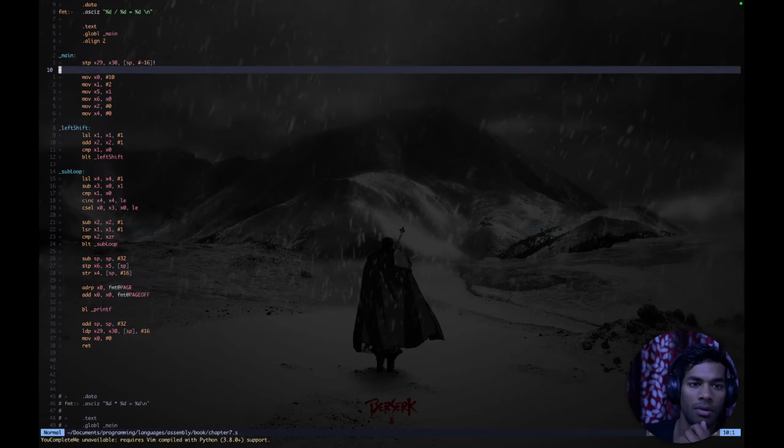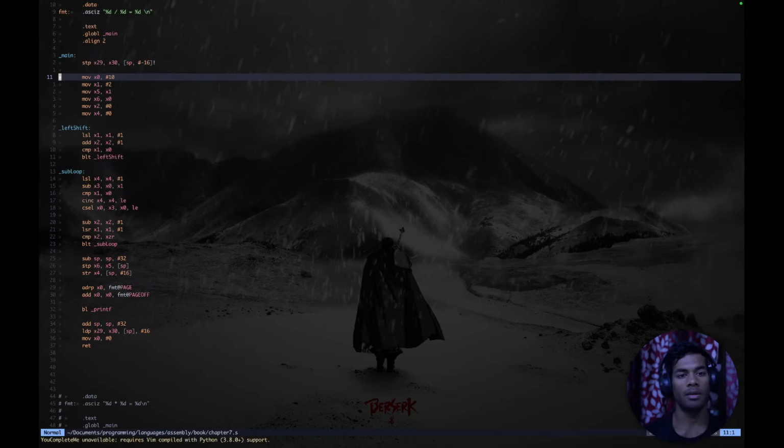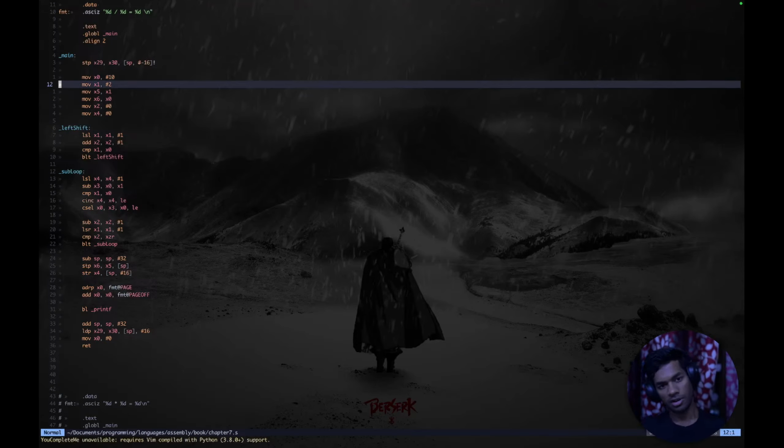I have 2 and 10 here. So when I logically shift left 2 by 1, I get 4. And then if I do it again, I get 8, and then if I do it again, I get 16.